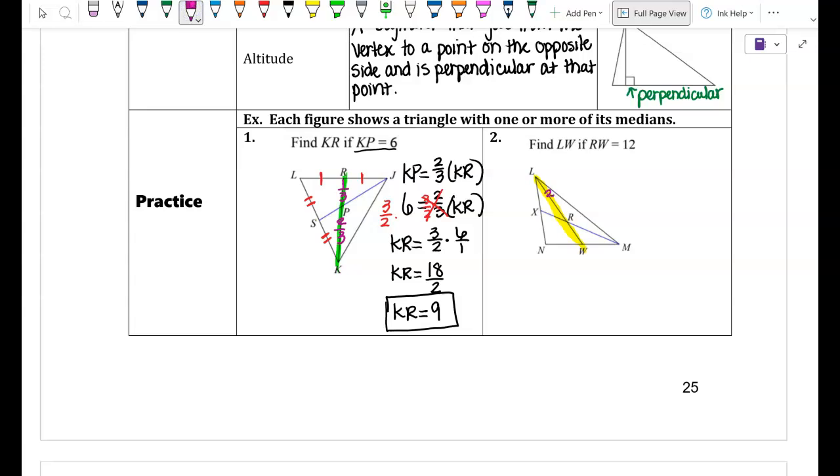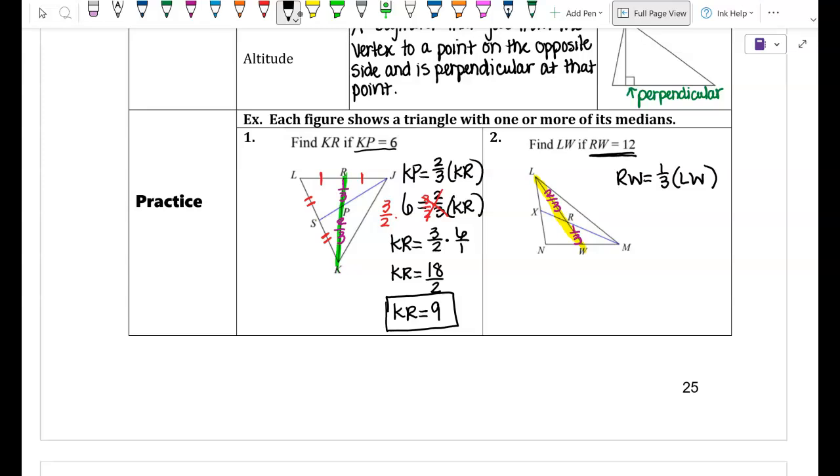LR is 2/3 of the segment and RW is 1/3 of the segment. This time they're telling me RW equals 12, so they're talking about the 1/3 of the segment. So RW is 1/3 of LW.